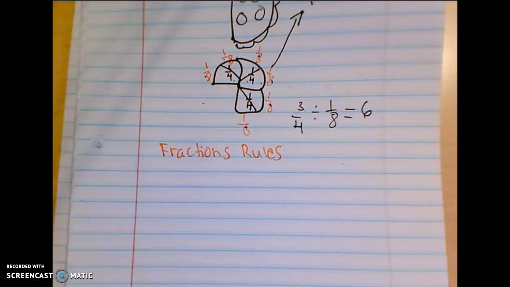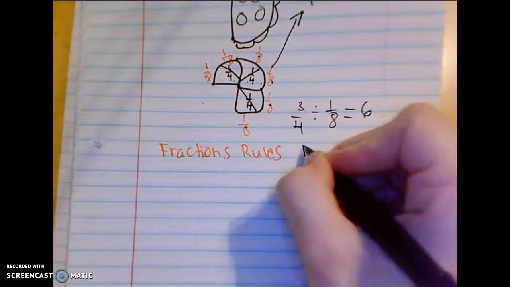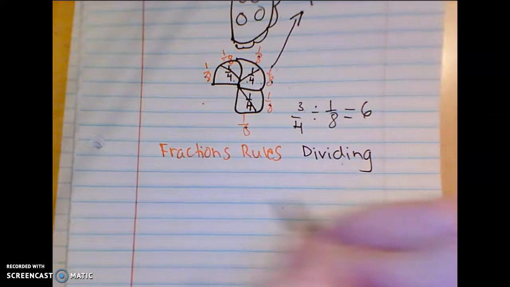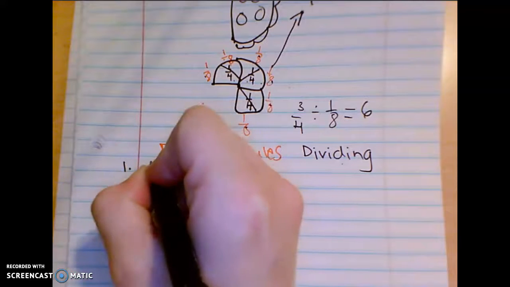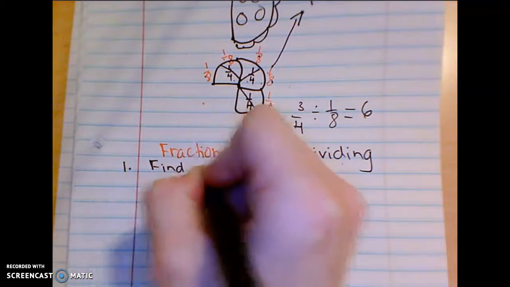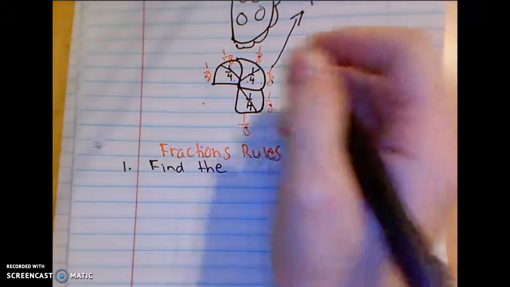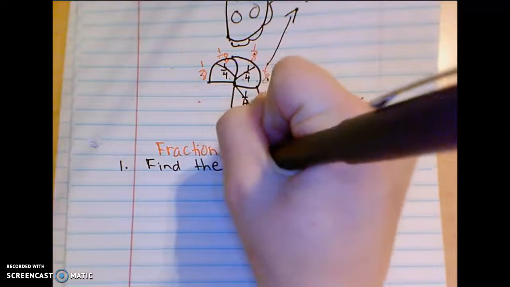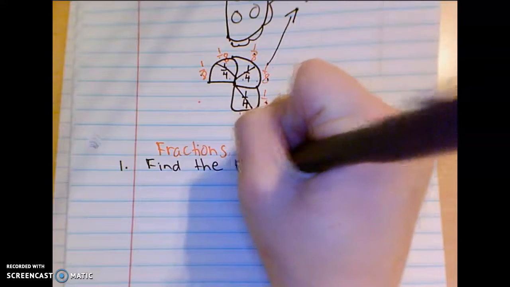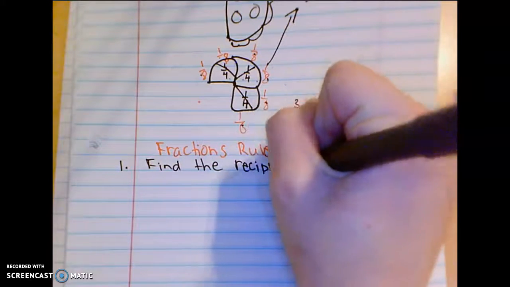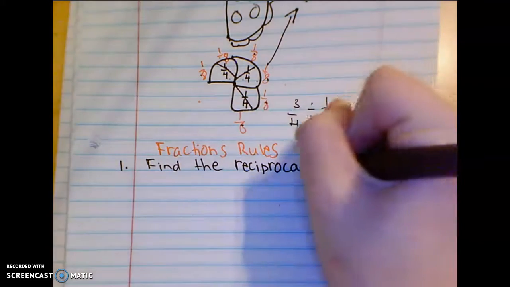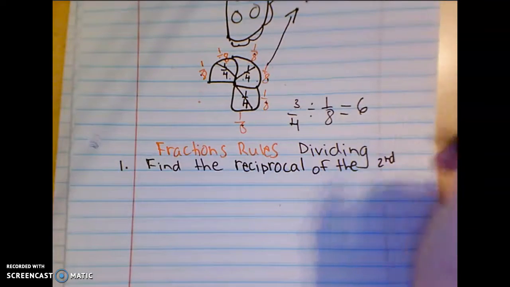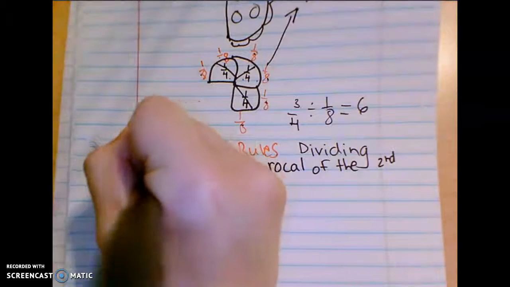All right, when we are dividing, these are your 3 steps. Step 1, you're going to find the, and this may be a word you've not heard of before, the reciprocal, R-E-C-I-P-R-O-C-A-L, the reciprocal of the second fraction.